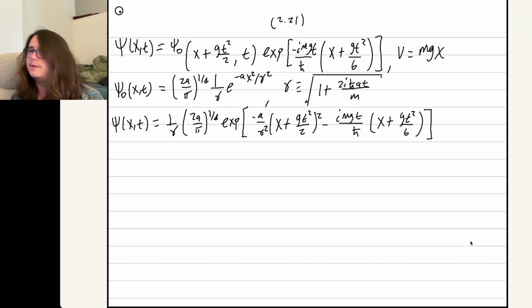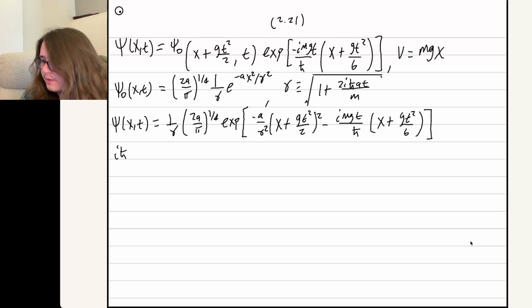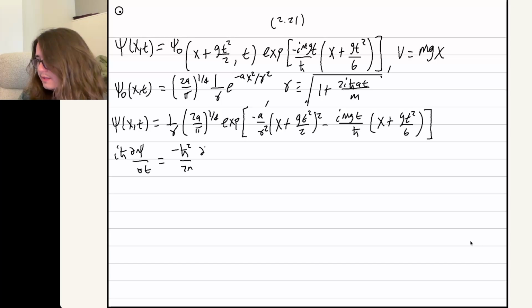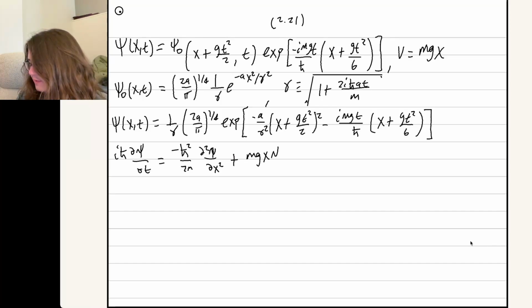Right. So the Schrodinger equation for this system is going to read i h bar del psi del t equals minus h bar squared over 2m del squared psi del x squared plus mgx psi. So we're going to need to do some derivatives.